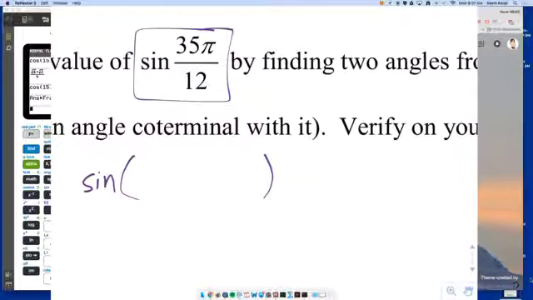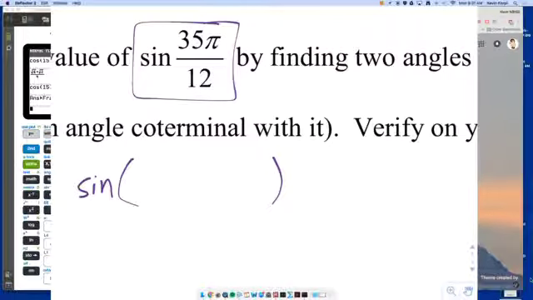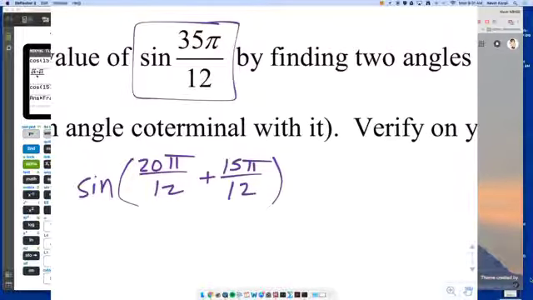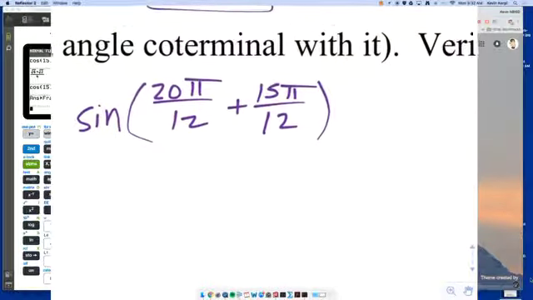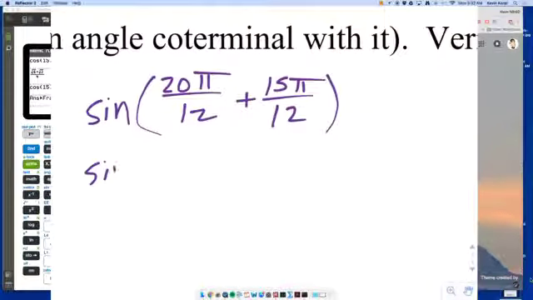Did anyone find two angles that added up to 35 that were less than 24? 15 and 20. Yeah, so again, you can avoid that by just choosing two angles that fall between 0 and 24, 24 pi 12 being 2 pi. Then you don't have to worry about that coterminal aspect. But I'll do yours, Will. I want to show you how that works too. All right, so now that I do that, the next step is to simplify.